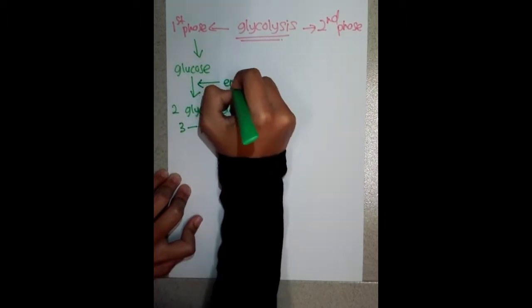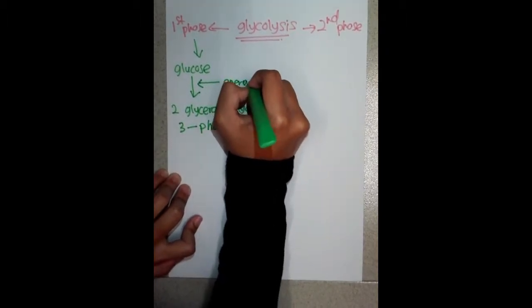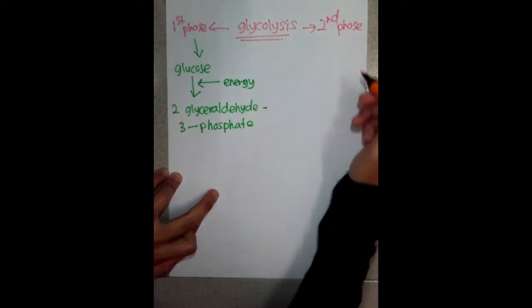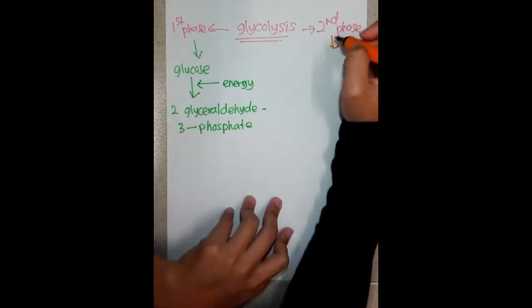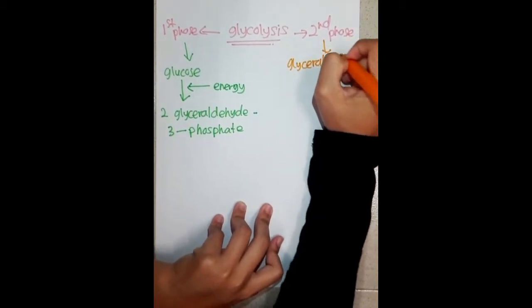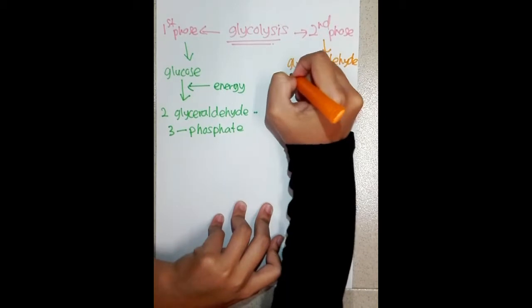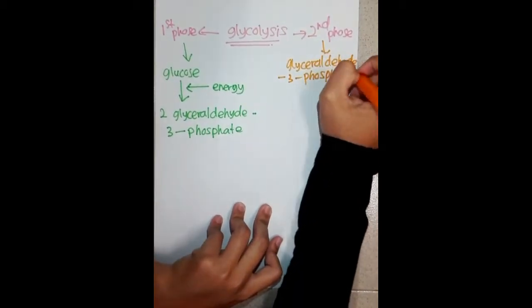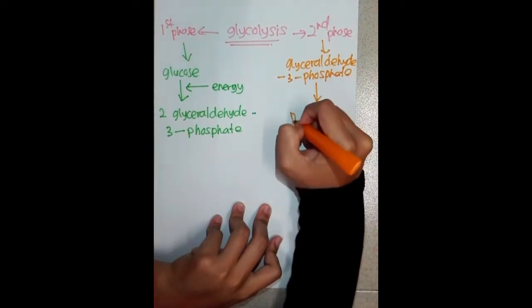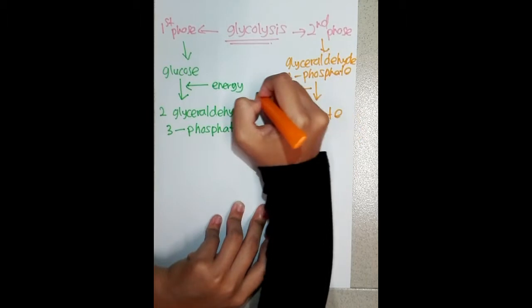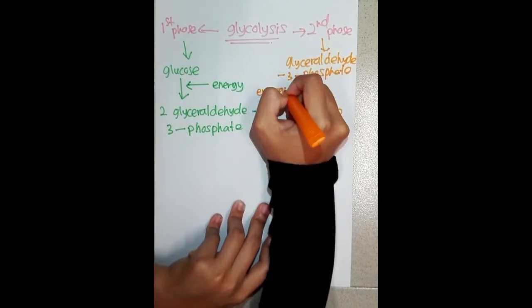The first phase actually uses energy instead of producing it. In the second phase, the glyceraldehyde 3-phosphate is converted into pyruvate. In this phase, the process will produce energy.